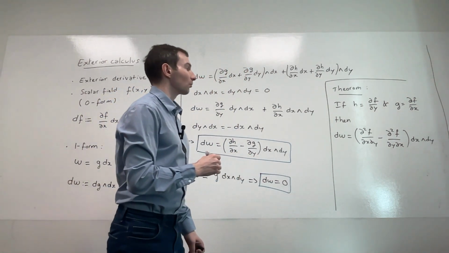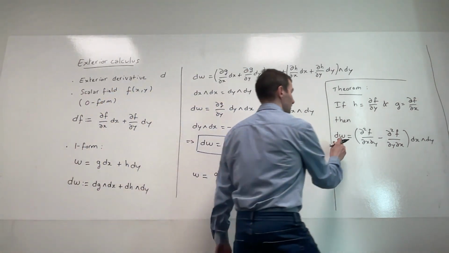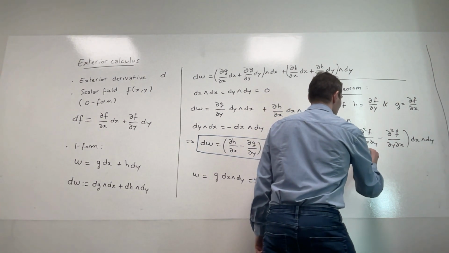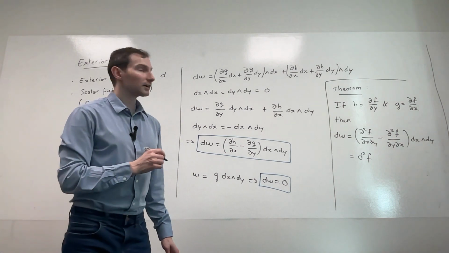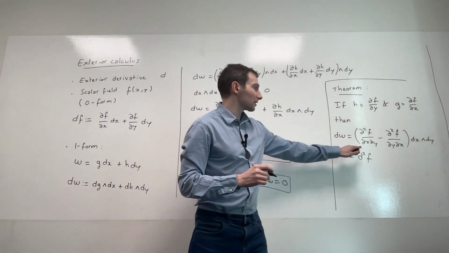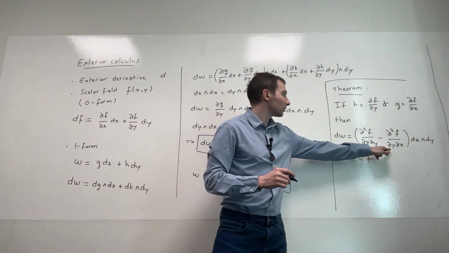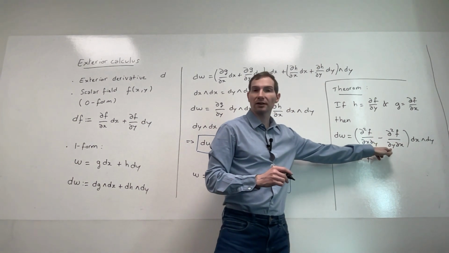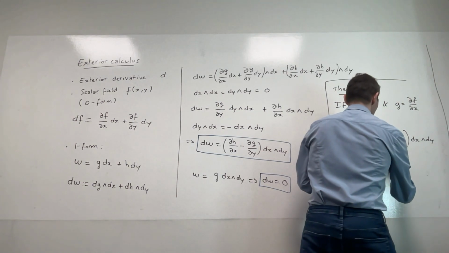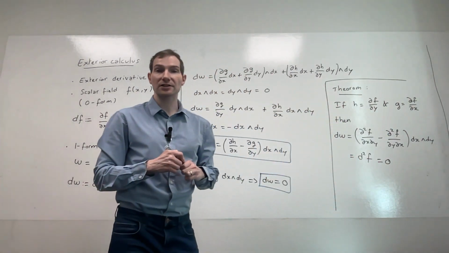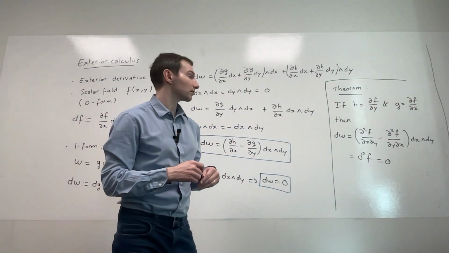And so what that means in our case is that this thing is equal to actually the second exterior derivative of f. And what we see is that it's automatically 0 because these terms are the same. So the second exterior derivative is always 0.